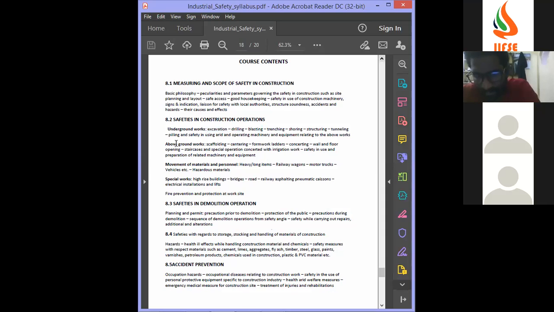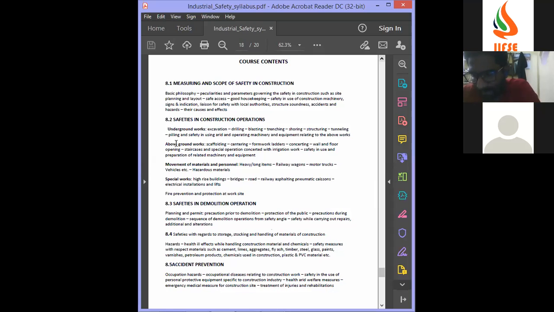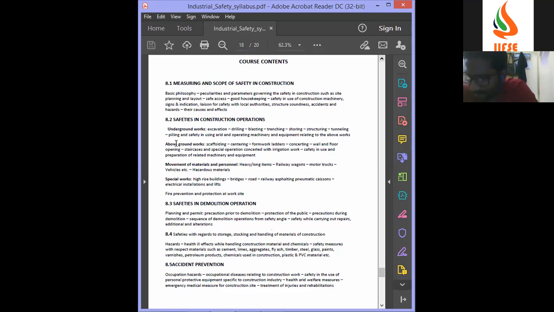If you read the Regional Labour Institute or Central Labour Institute books, I remember reading many years back that they mention underwater and above water works also. All those also come under construction.